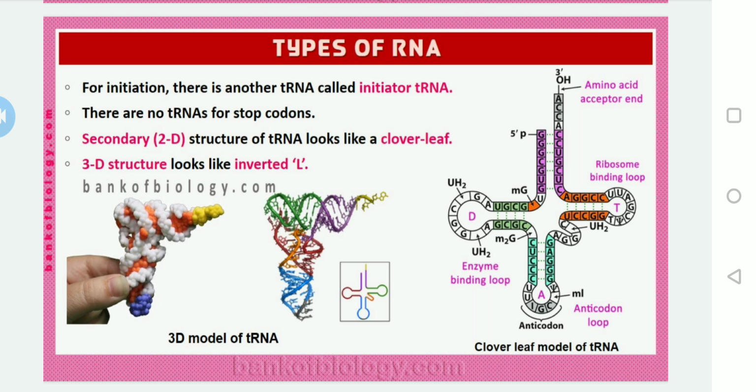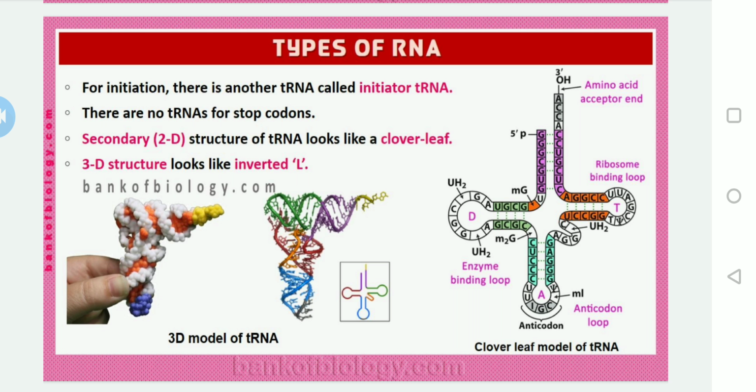The tRNA is made up of a single polynucleotide chain consisting of CCA nucleotides at the 3' end. There is an amino acid binding site to which amino acids bind during translation. Are you getting what I'm telling?